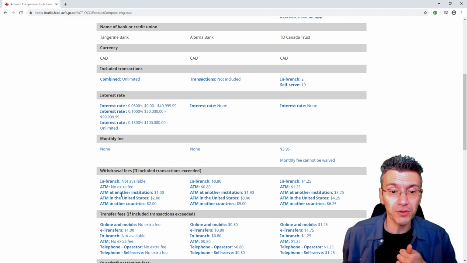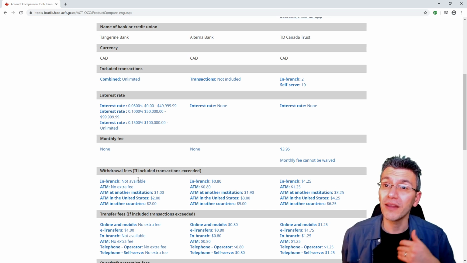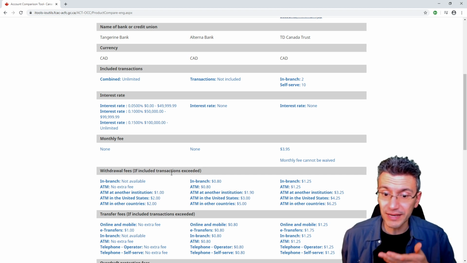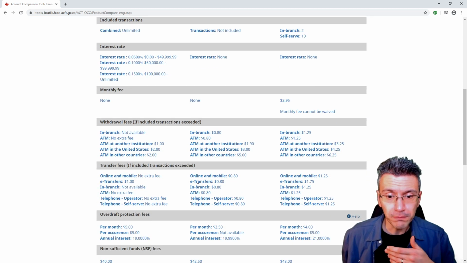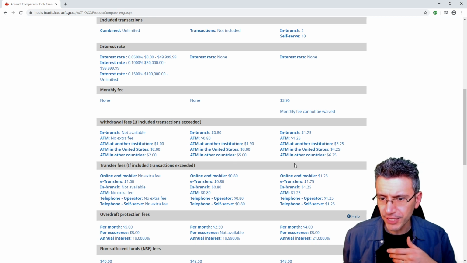But then you also have to look at whether there are any additional fees for every single transaction, because if you're someone who uses their Interac card all the time, if you have to pay a 50 cents per use fee, that's not a great option, right? And same thing. So for example, here you see, if you want to transfer any funds, this one charges you 80 cents for every single one of those transactions.